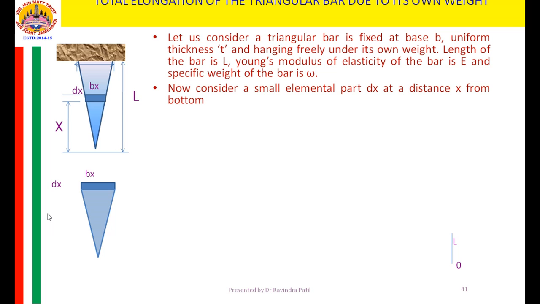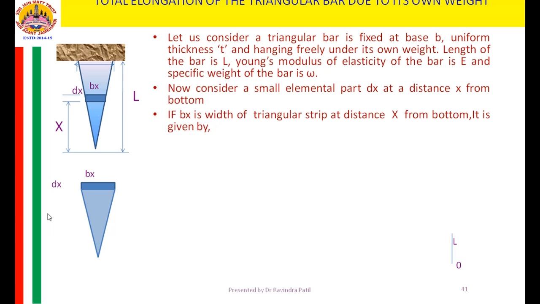So to achieve this, what we are doing is cutting this whole member into small elemental strips of depth dx, and bx is to be calculated and weight on it is to be calculated. Hence calculate the deformation of that particular part.